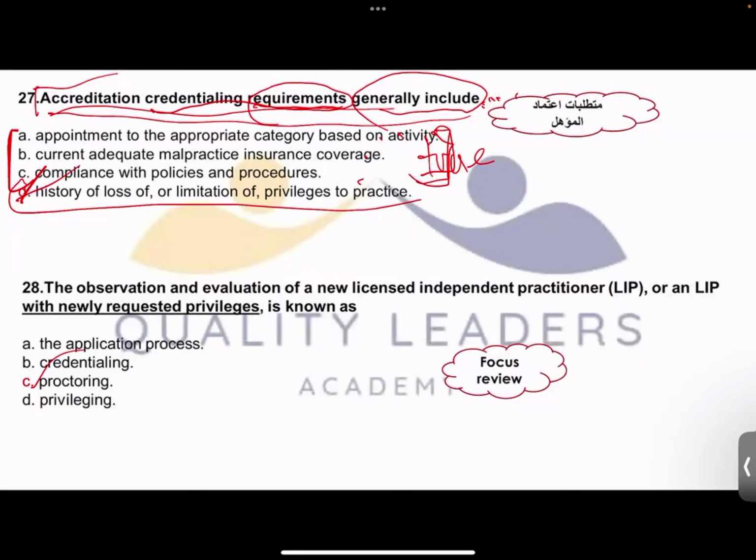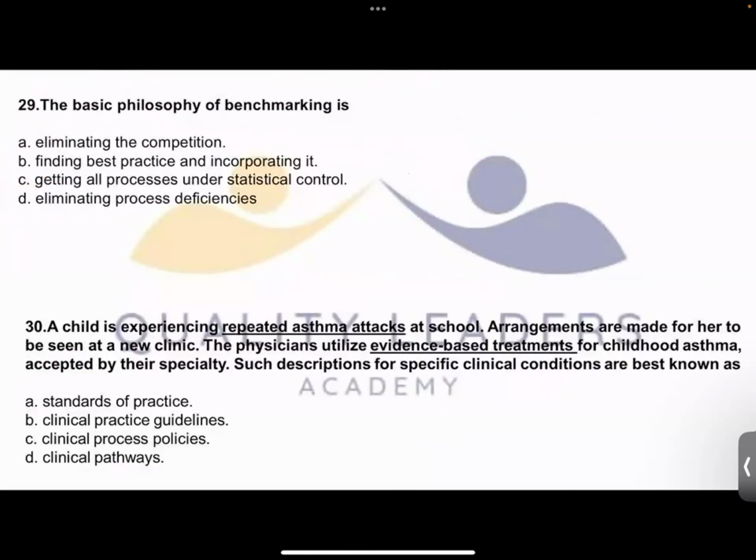Number 29, the basic philosophy of benchmarking is: A, eliminating the competition, B, finding the best practice and incorporating it, C, getting all processes under statistical control, D, eliminating process deficiencies. What's the answer? Benchmarking means B. Yes, best practice. Okay, that's the correct answer.